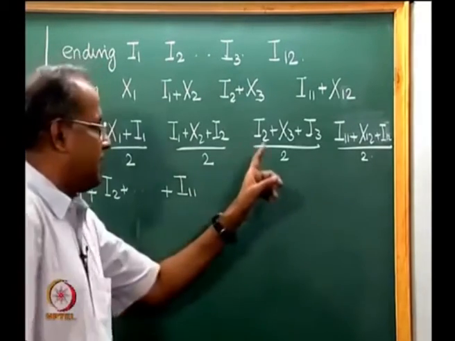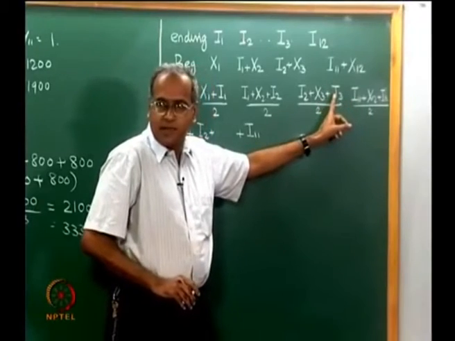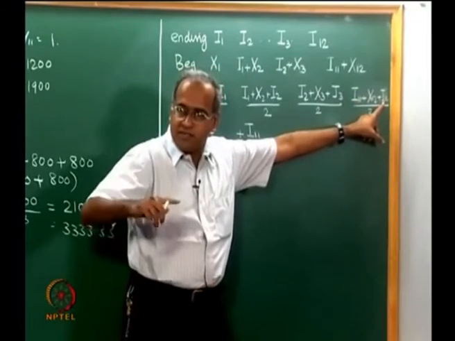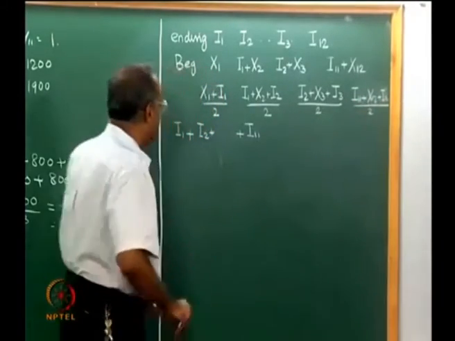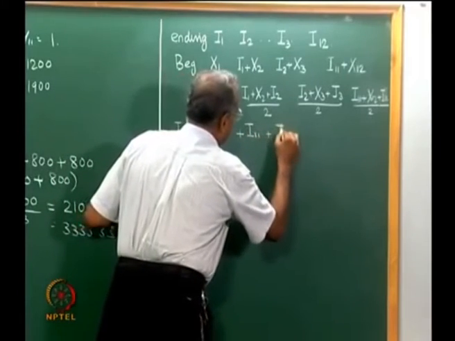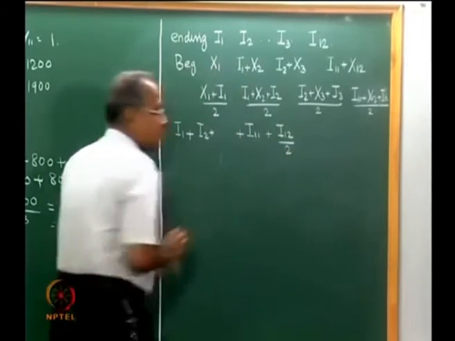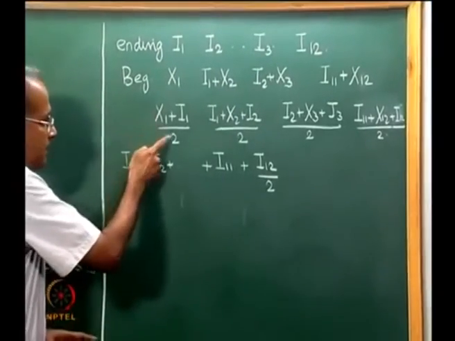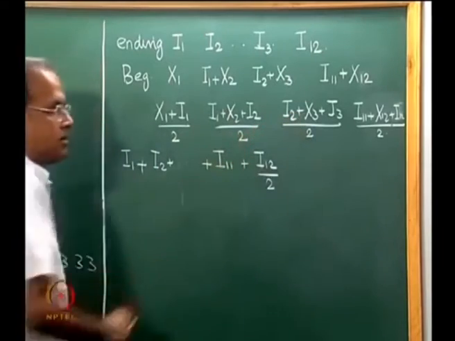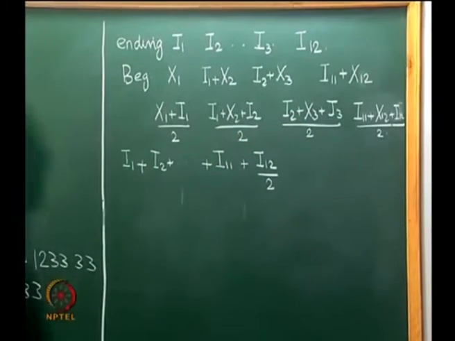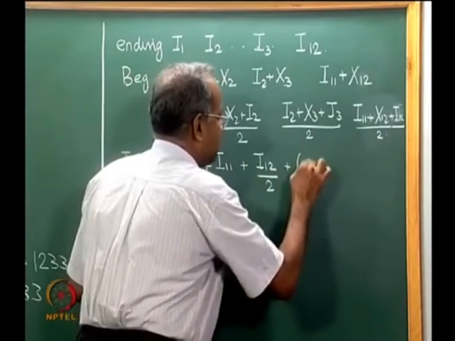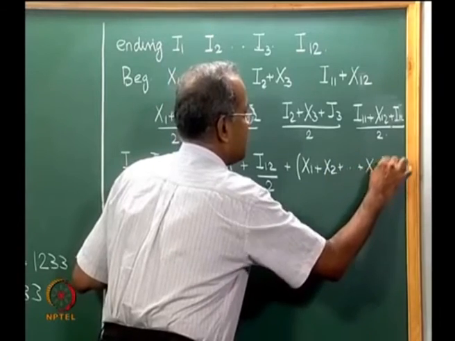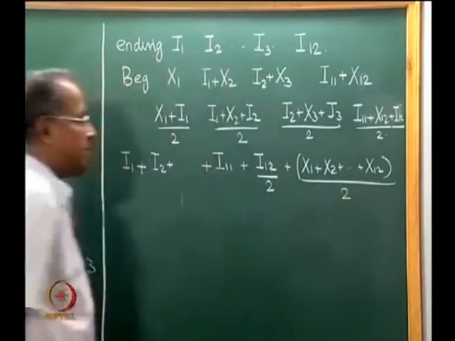The I11 will have a term from the previous, apart from the previous term and apart from here. I12 does not have a succeeding term because that is the last period. So up to I11 plus we will have I12 divided by 2, and then we are going to have x1 by 2 plus x2 by 2 plus x3 by 2 up to x12 by 2. So this will be plus x1 plus x2 plus etc. plus x12 divided by 2.